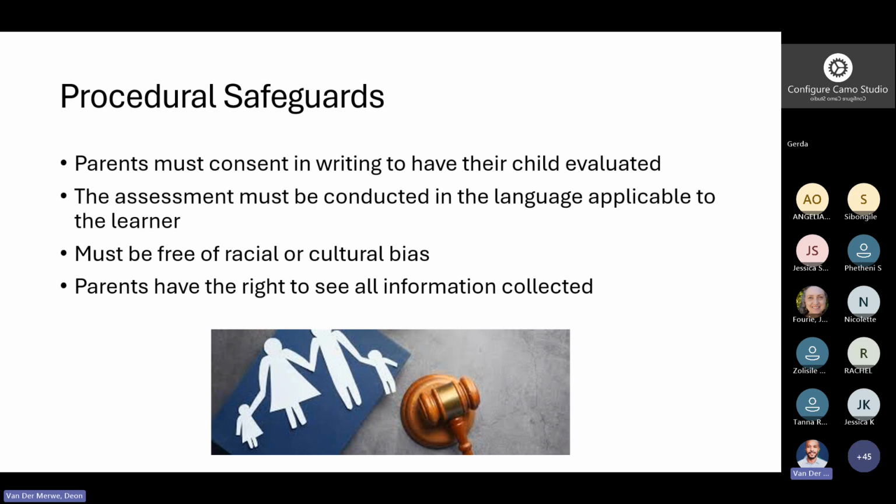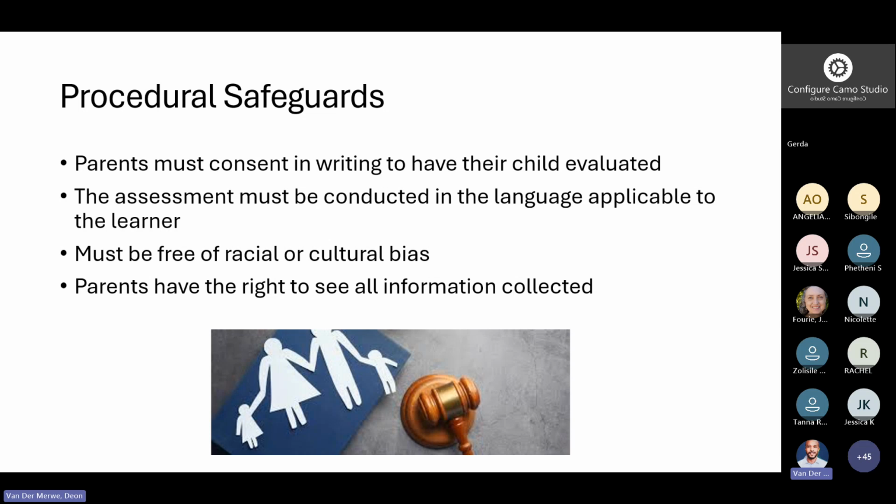And then thirdly, tests used for evaluation must be free of racial or cultural biases, though it can be challenging to eliminate bias. We need to be cognizant of that.